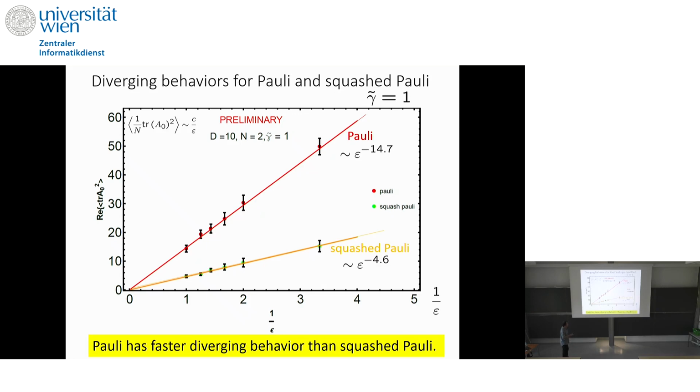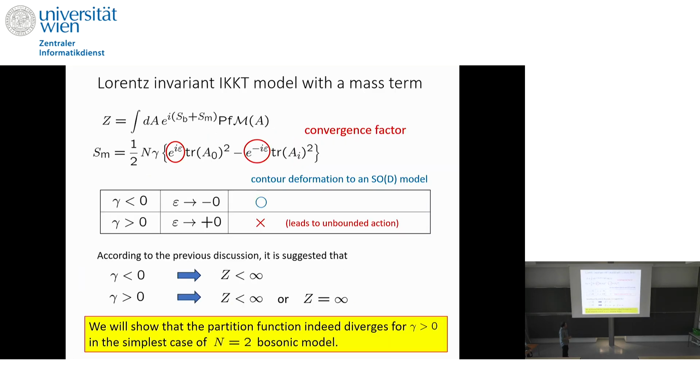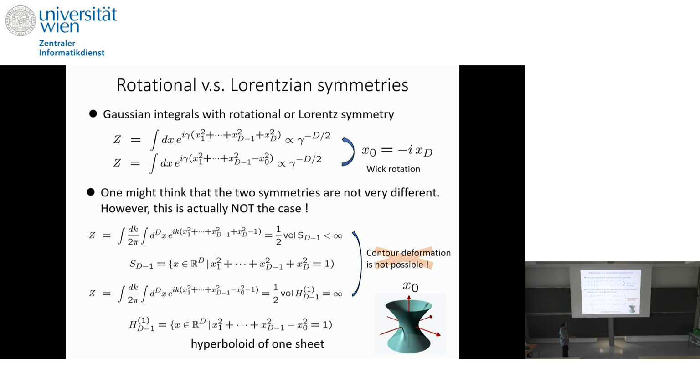Yeah. Thank you. And the reason for this divergence is understood intuitively by looking at this figure here. The Pauli solution corresponds to just 1, 0, 0, 0, 0 in this figure. And now you also have to sum over all the equivalent solutions that you can obtain by Lorentz transformation. And that forms this hyperboloid.